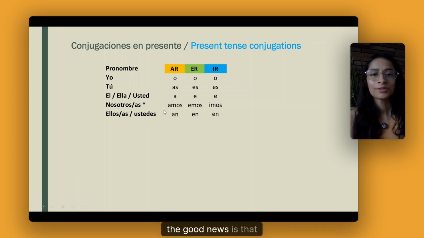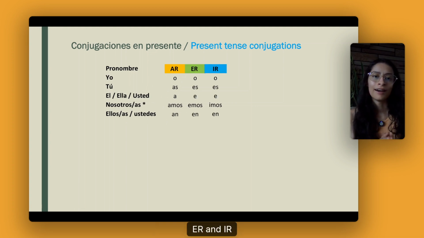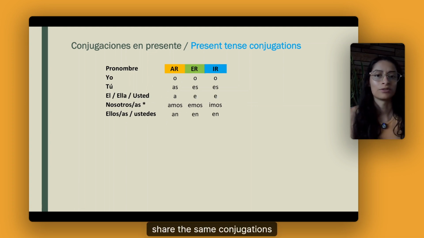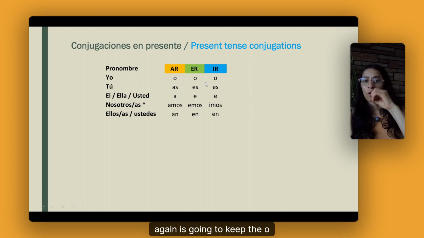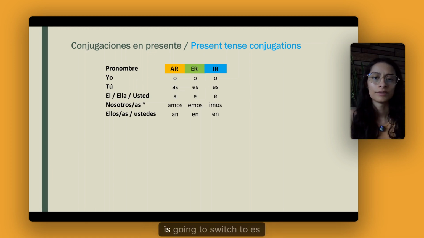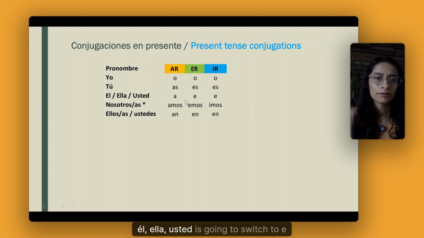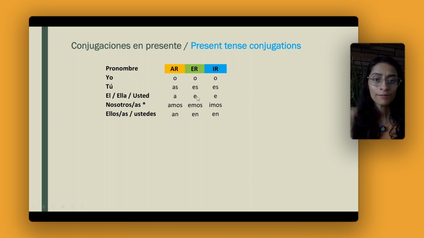Now, the good news is that ER and IR share the same conjugations, except for one. So, yo, again, is going to keep the o. Tú is going to switch to es. Él, ella, usted is going to switch to e.